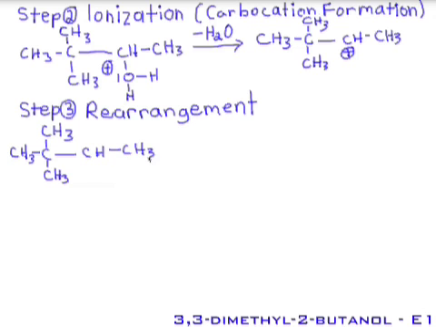I look at this carbocation. I ask myself what kind of carbocation it is. The carbon with the positive charge has 2 carbons attached to it, so it's secondary. I can carry out a 1,2 methyl shift.